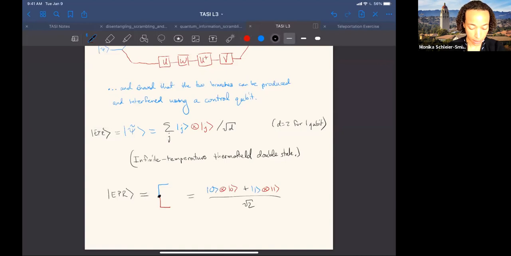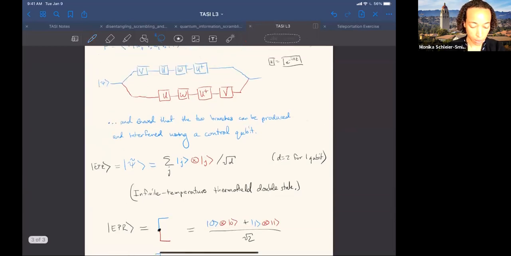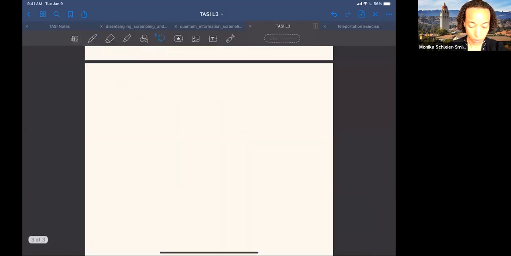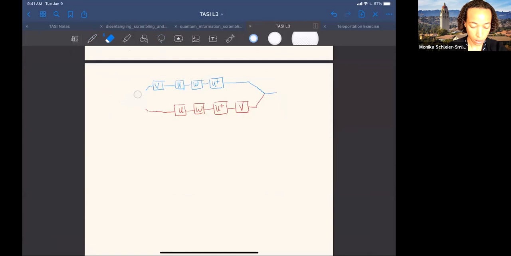And if I wanted to take the Hermitian conjugate of that, I would represent that like this. And now, suppose that instead of what I drew, I'm going to draw a slightly modified version of my interferometer, which is that I'm going to start with this EPR state.